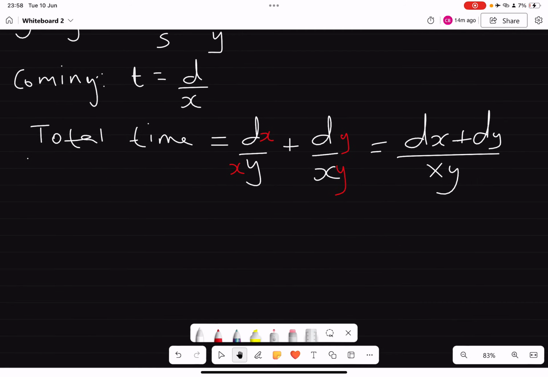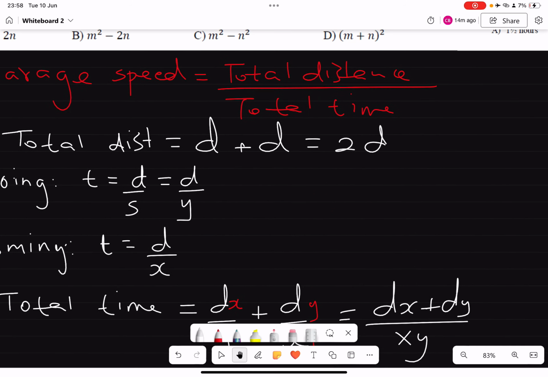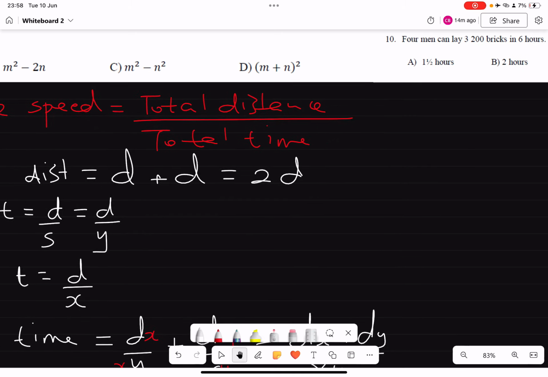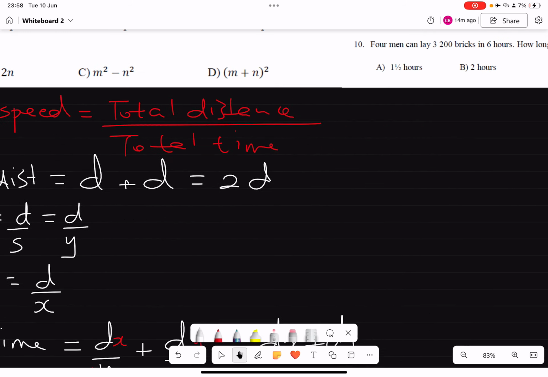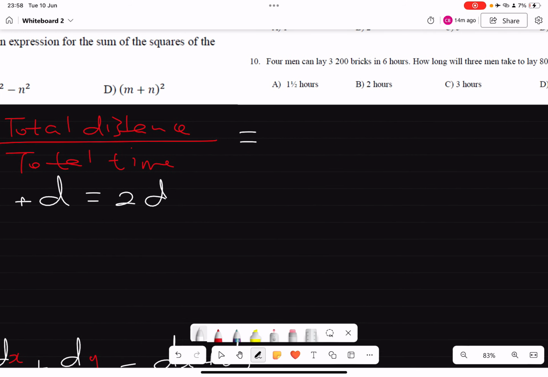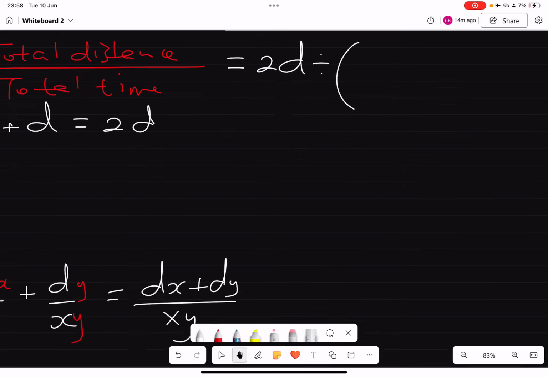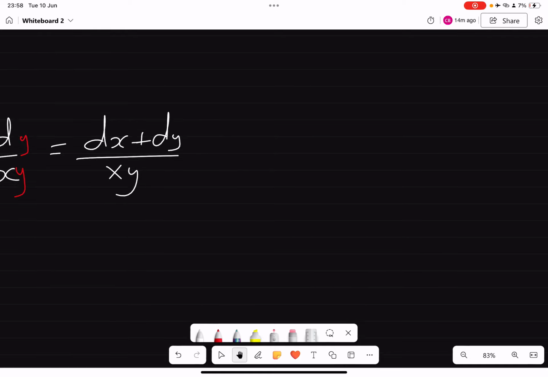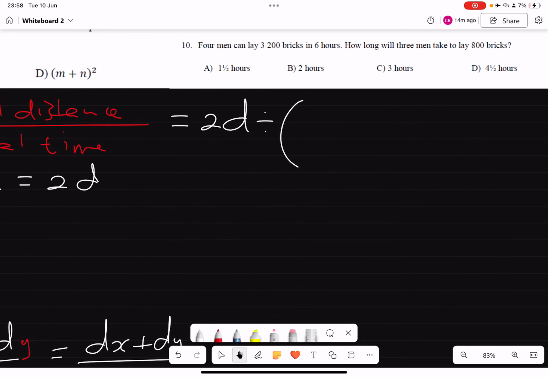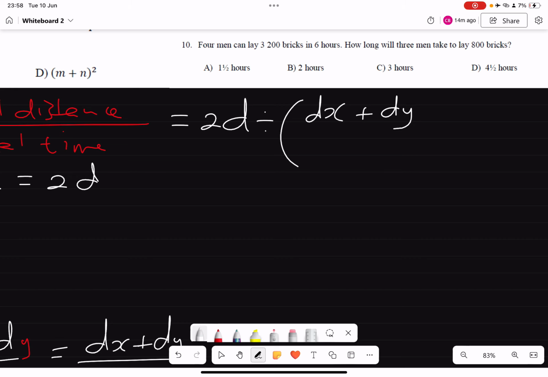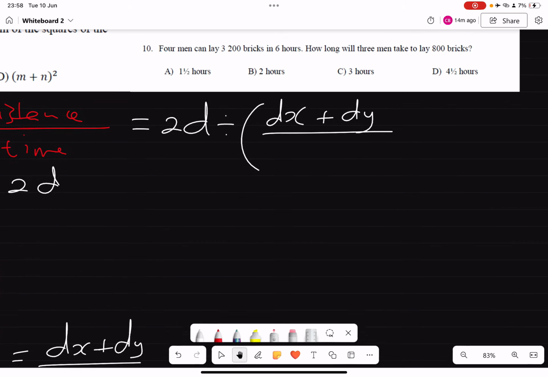Now substituting our total time and our total distance into the average speed formula. The total distance we said is 2d, and we're going to divide that by the total time, which is dx plus dy over xy.